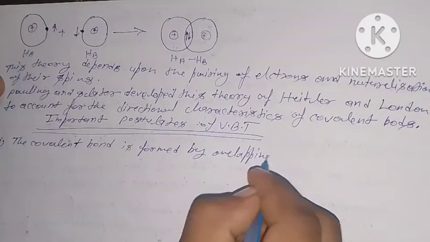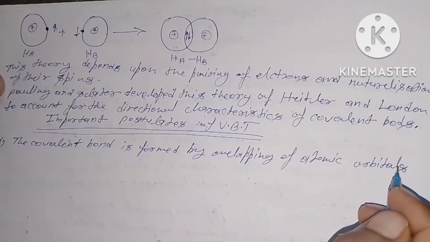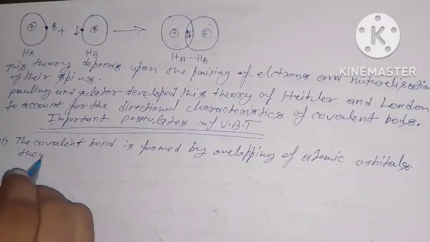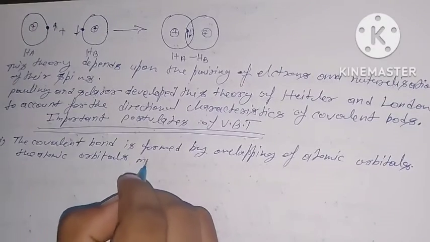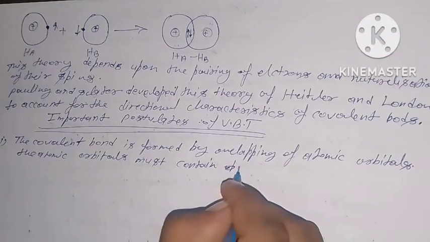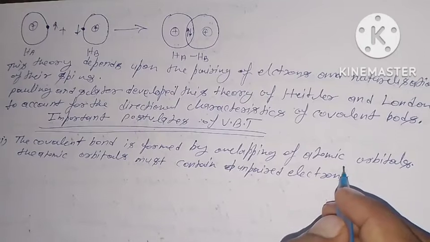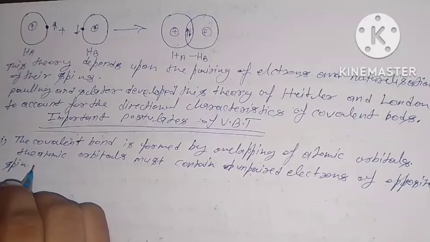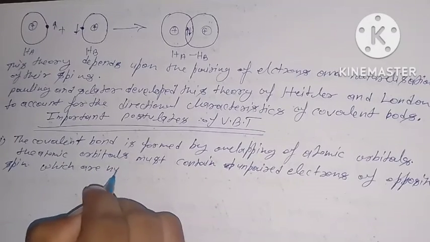The atomic orbitals must contain unpaired electrons of opposite spin, which are neutralized due to overlapping.